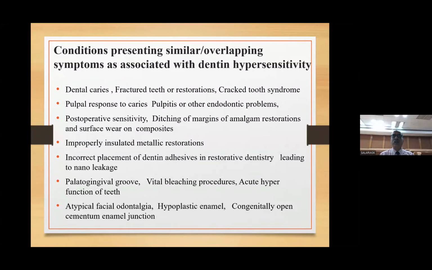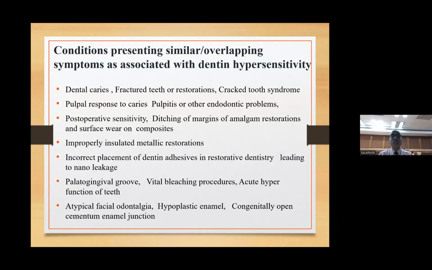There is a wide variety of conditions, or pathologies, which elicit overlapping symptoms, like dental caries, fractured teeth or restorations, cracked tooth syndrome, pulpal response to caries, pulpitis, postoperative sensitivity, improper isolation of metallic restoration, incomplete placement of dentinal adhesive in restorative dentistry including nanoleakage, palatal or developmental abnormalities, typically hypoplastic enamel or congenitally open cementoenamel junction. These are conditions which may elicit symptoms similar to dentinal hypersensitivity, so we should clinically differentiate all of these before attempting treatment for the management of dentinal hypersensitivity.